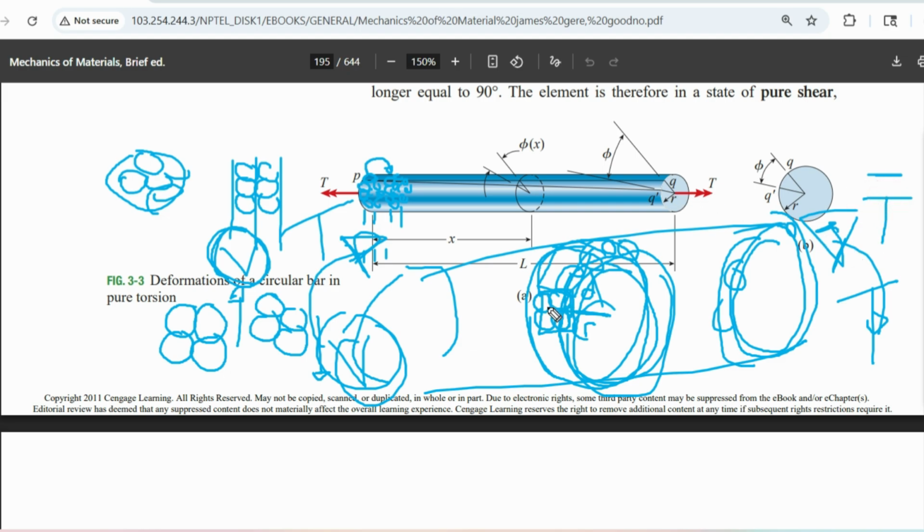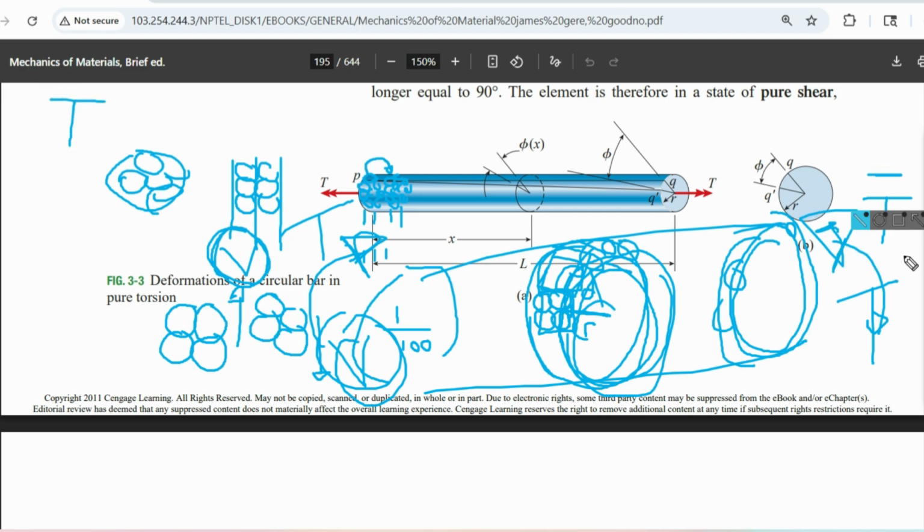And let's say I just have like 100 of these little squares all the way around. Well, this force is going to be 1/100th of the torque.